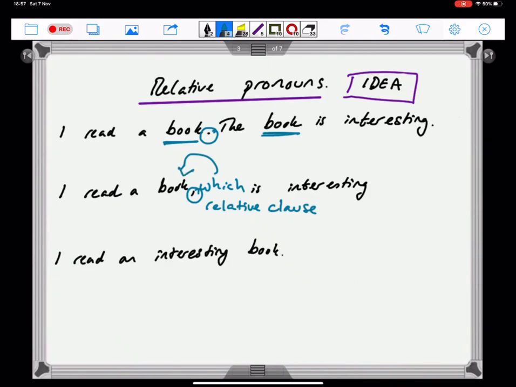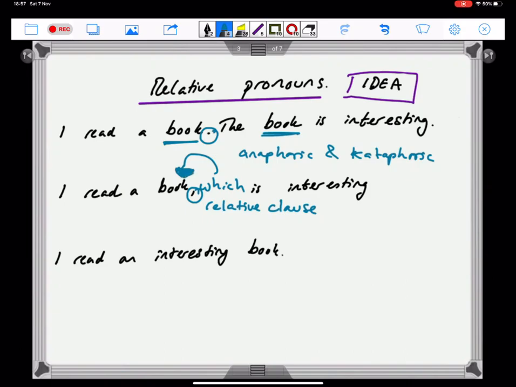And you'll hear the words anaphoric and cataphoric being used for pronouns. And that tells you, is the pronoun pointing to a word that you've already had or a word that you're about to have. Cataphoric points back, anaphoric points forward. So your relative pronoun is going to be cataphoric or anaphoric, and it's going to point either back to a noun you've already had or forwards to a noun that you're about to have.